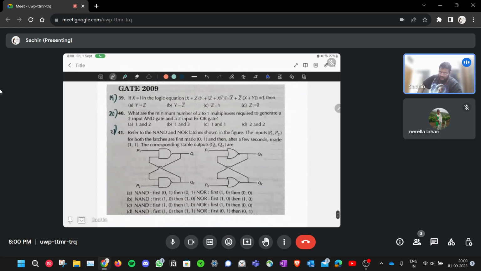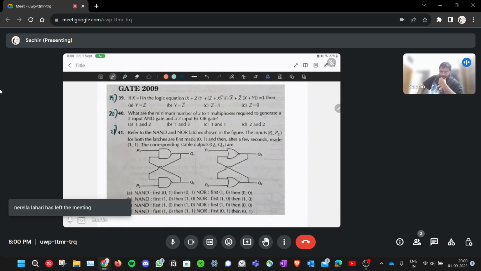Question number 19, x is equal to 1 in the logical equation, and x plus z into y bar plus z bar plus xy bar times x bar plus z bar into x plus y is 1.